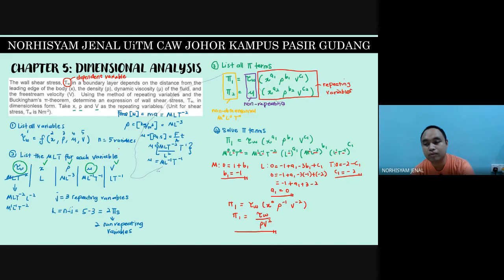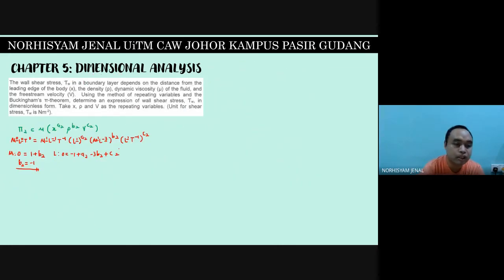Okay. All right. And then we have T, 0 equals to -1 minus C2. So C2 is equal to -1.